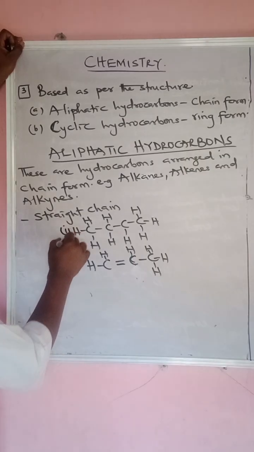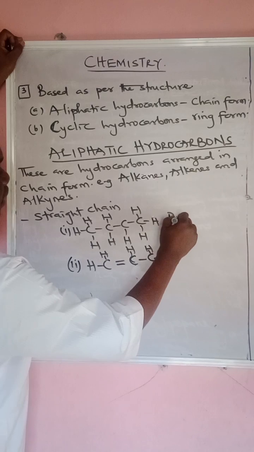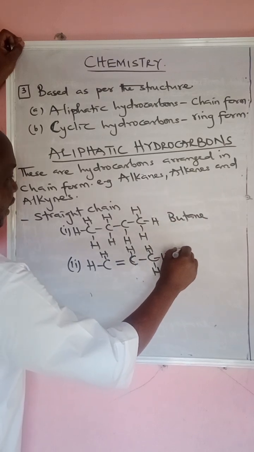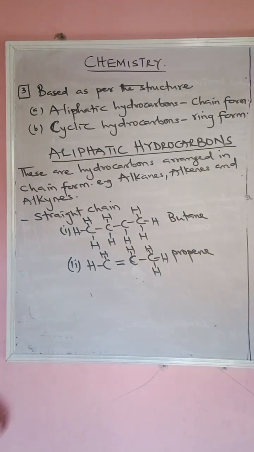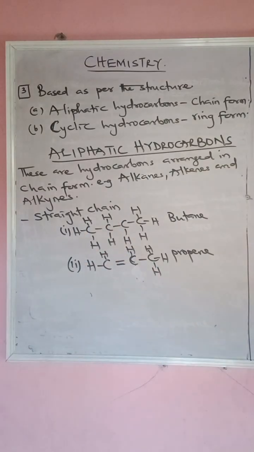This is one structure. This is another structure. This one is butane, while this one is propane. You can see the two are arranged in straight form. You can draw a member of the alkyne family too, so far as they are in straight form.